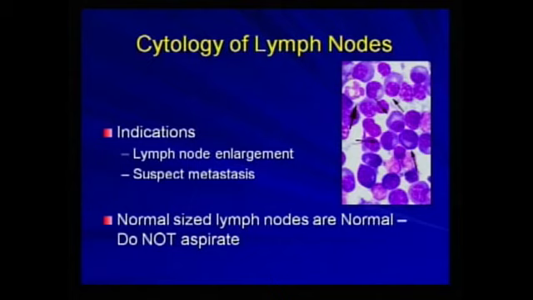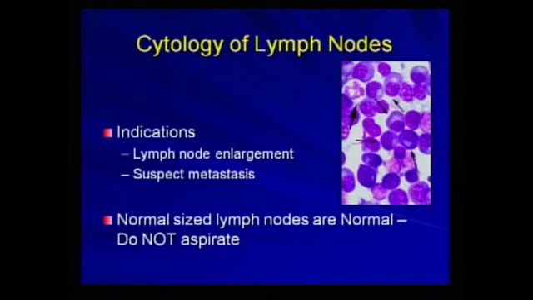The indication for aspiration of enlarged lymph nodes would be especially if they are hard. Remember that in older animals, lymph nodes tend to be surrounded by a pretty prominent layer of adipose tissue, and it's very common to get aspiration of nothing but fat where it's submitted with a history of enlarged lymph nodes.